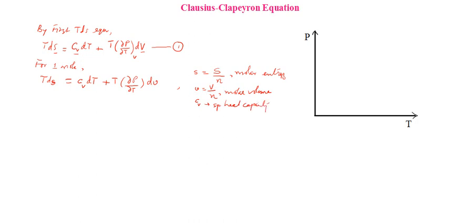For 1 mole, the molar specific heat capacity to be precise, because I have divided equation number 1 throughout by N, the number of moles of the system, I get the relation for 1 mole. So you can directly start from this relationship. For 1 mole, the first TdS equation becomes like that. Let me call it equation number 2. All the quantities here are specific quantities, remember.